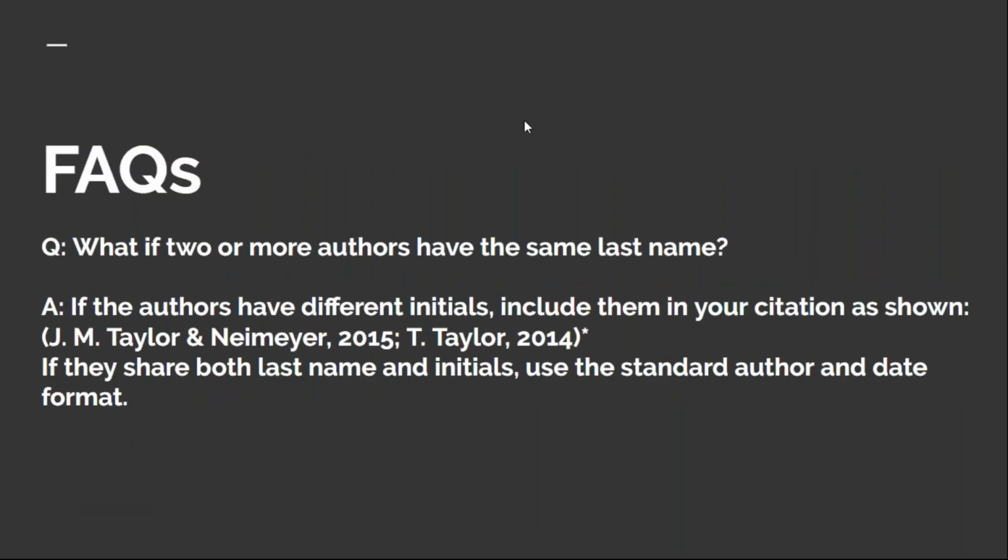What if two or more authors have the same last name? If two or more authors have the same last name, you just need to include their initials as well in text if they have different initials. If they share both last name and initials, you're just going to use the standard author and date format. There's really not much you can do at that point.